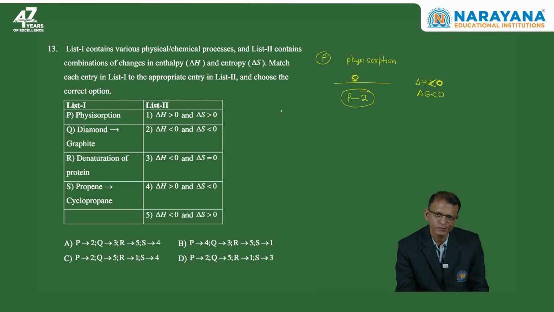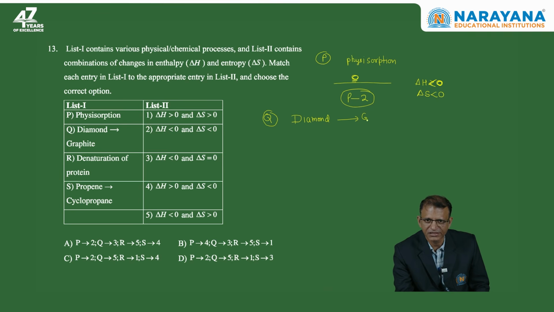Now moving to the Q option, conversion of diamond to graphite. I can prove this process will be an exothermic process, that can be proved with the help of thermochemistry also. Diamond to graphite conversion.